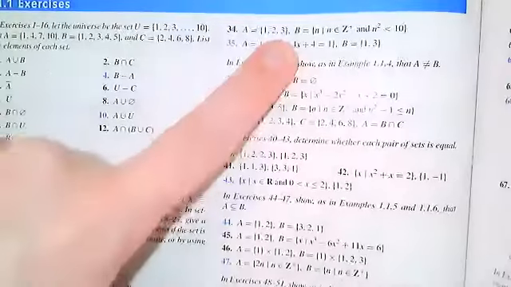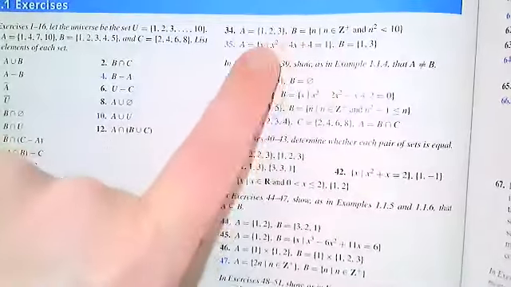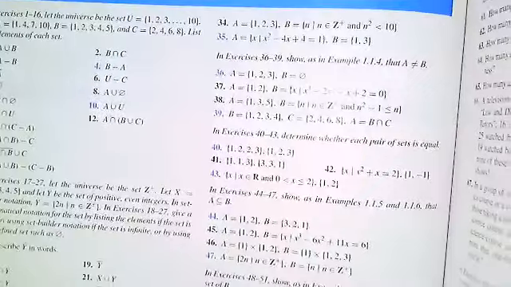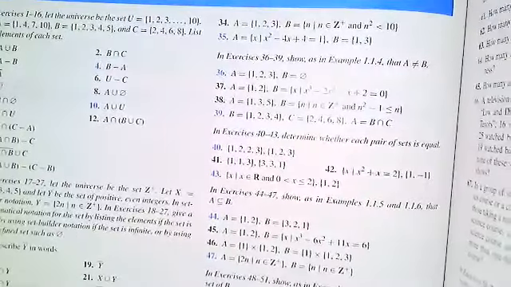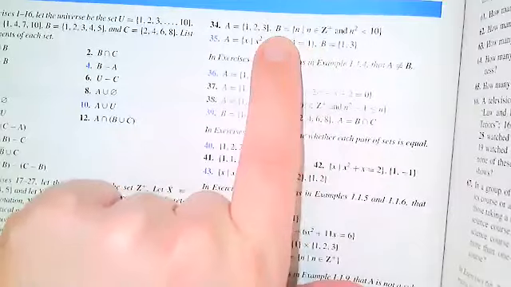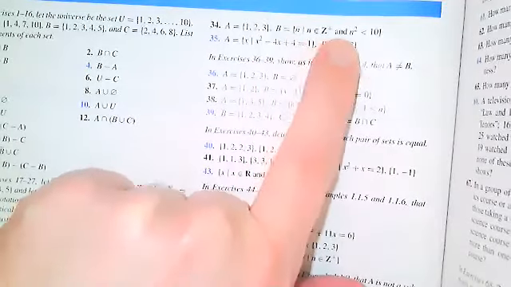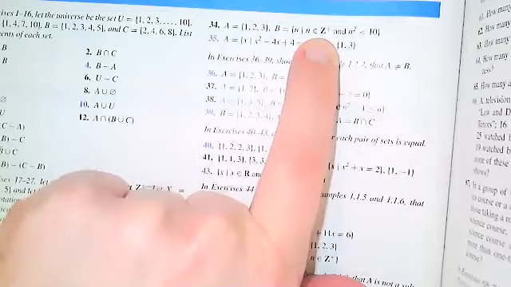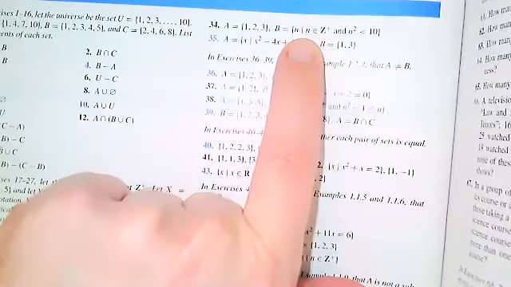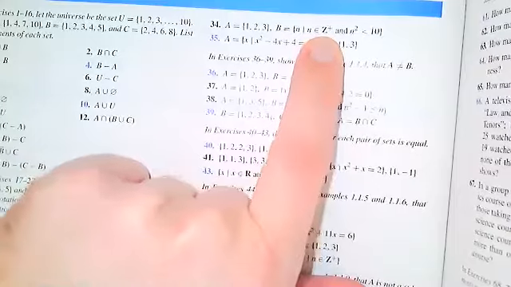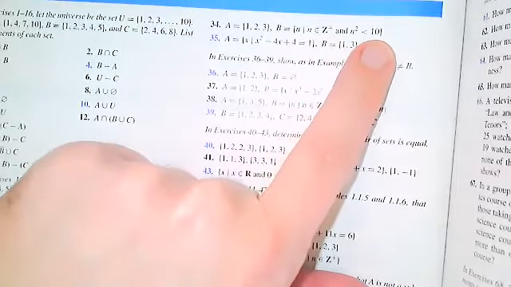Okay, so we're looking up here and we're trying to show that the 2 sets are equal to each other. For 34, the way that I would approach this problem would be to look at this set B, which is in set builder notation, and try to figure out which numbers this actually includes. Reading this off, it's the set of n such that n is a positive integer and n squared is less than 10.